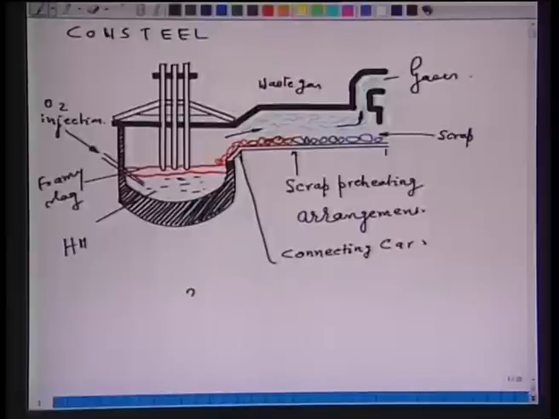Higher residence time, larger temperature; lower residence time, smaller temperature. However, these are to be optimized, and what is available is that the maximum preheating temperature attained by this is around 300 to 350 degrees Celsius.